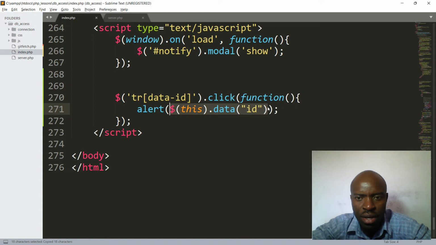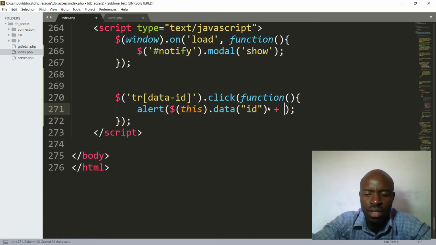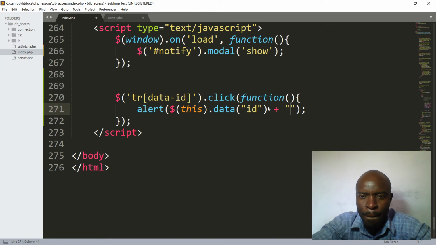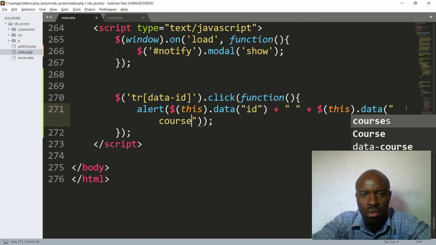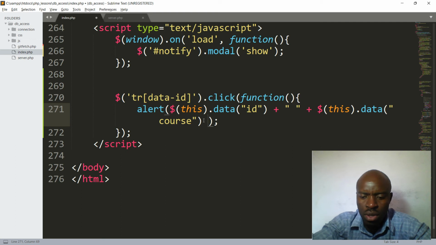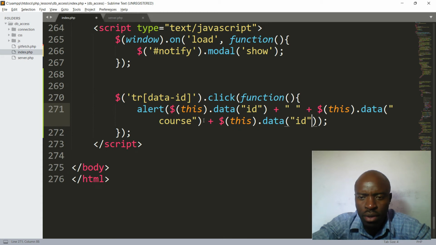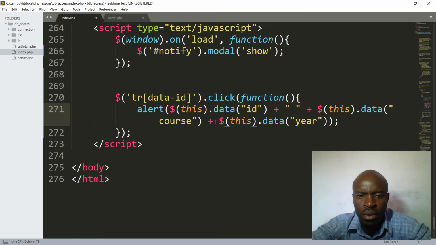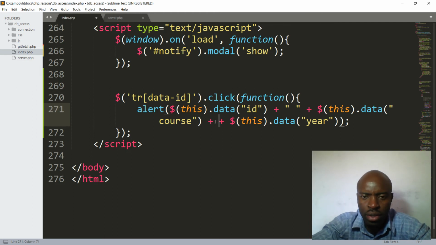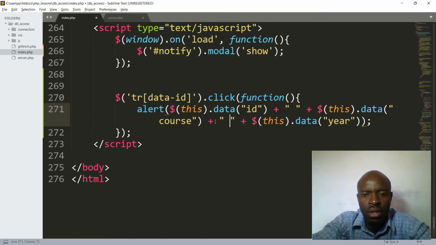So what we are going to do, we are going to say ID and then concatenate course and concatenate, and with what? Yeah, and I should concatenate again with something else here.